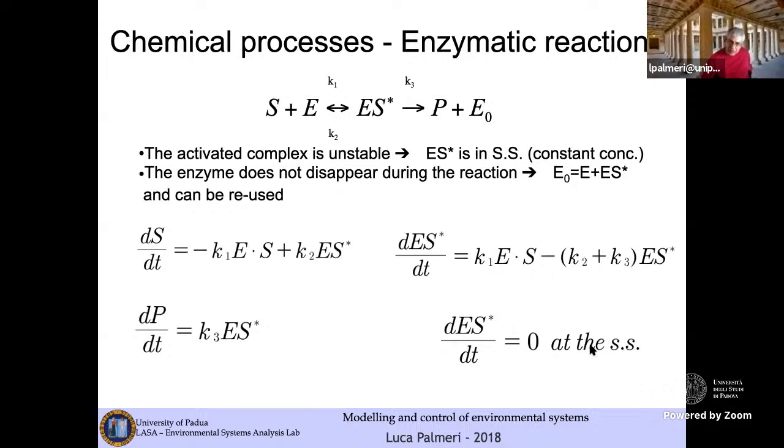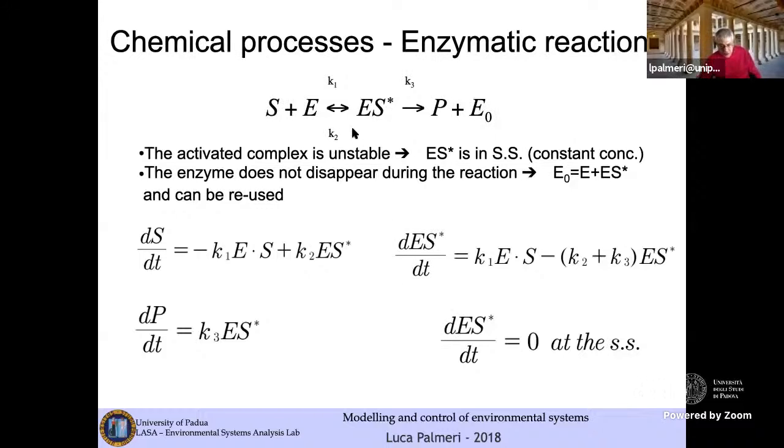Because we are in steady state conditions, because this equation holds, we then say that the variation in time of the activated complex ES star is 0 in a steady state condition. This means that in equilibrium, and this is, I recall, a dynamic equilibrium in which we have a continuous activation reaction, deactivation reaction, and transformation of the activated complex into the product, plus the initial concentration of the enzyme, is 0.